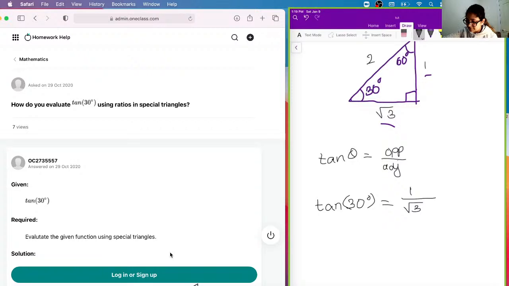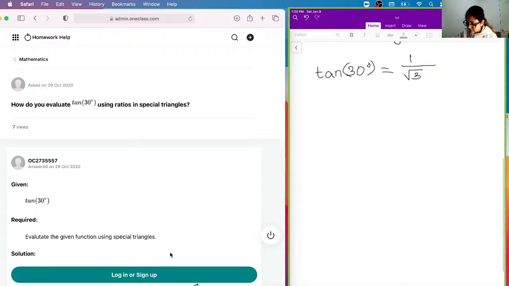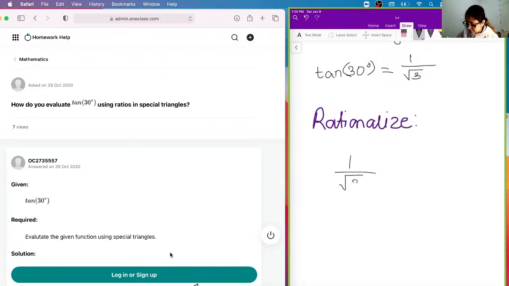We can further simplify this, and we can rationalize it so that the square root is on the top. So we have 1 over √3, and we're going to multiply the numerator and the denominator by √3.